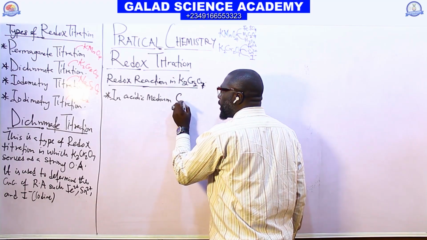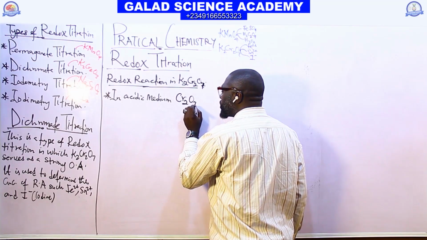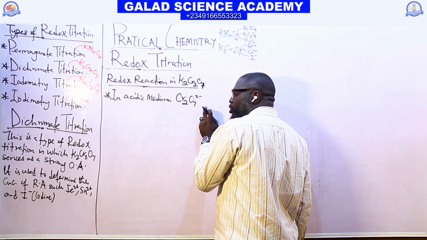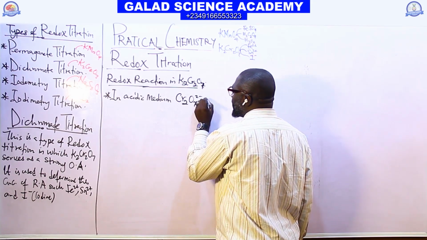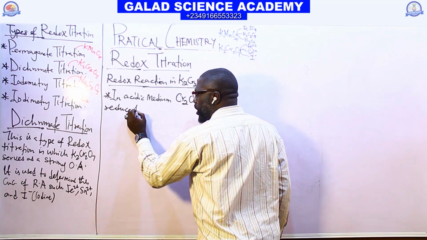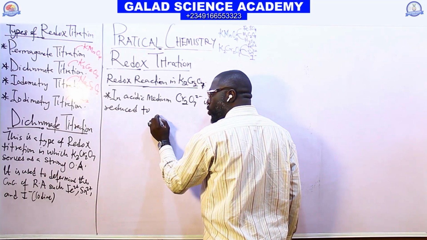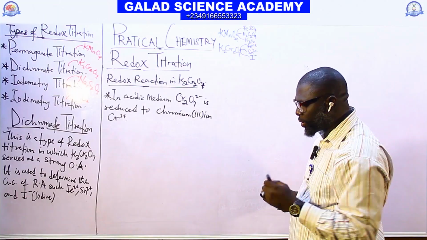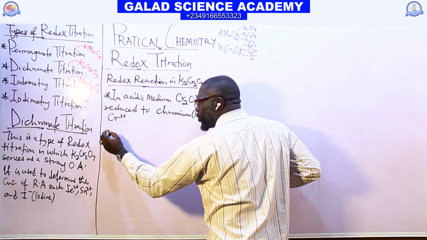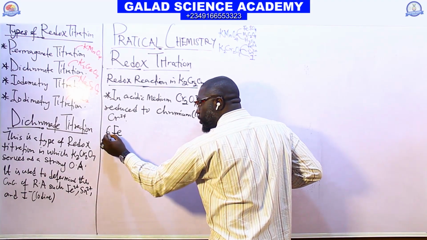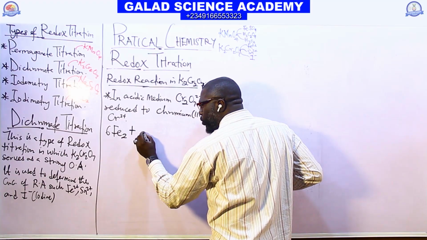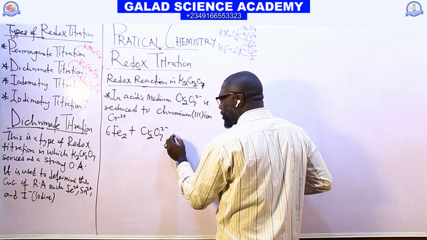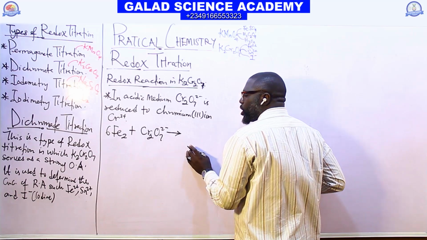K2Cr2O7: if I remove this K, the 2 will come here as 2 minus. So Cr2O7 2 minus is reduced to chromium 3 plus. This is the reaction: 6 moles of iron 2 plus react with Cr2O7 2 minus, which is reduced.